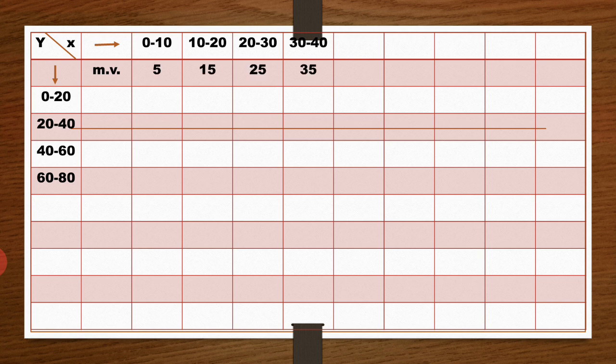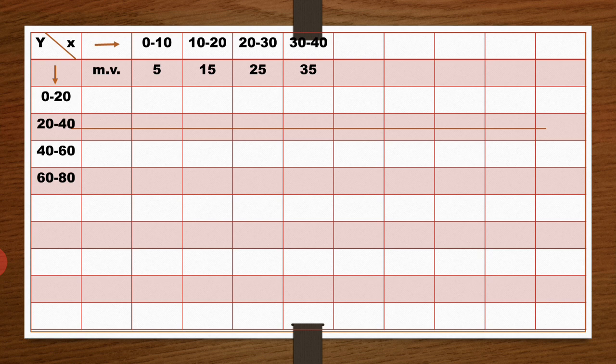All of you know the formula for finding the mid value, again I repeat: lower limit plus upper limit, divided by 2. On the x side, the first class is 0 to 10, so the lower limit is 0 and the upper limit is 10. 0 plus 10 is 10, divided by 2, so you get the mid value 5. Then 10 to 20: 10 plus 20 is 30, divided by 2, so the answer is 15.